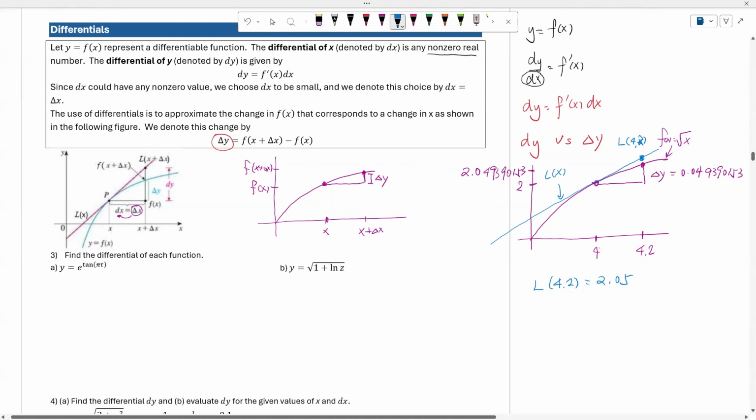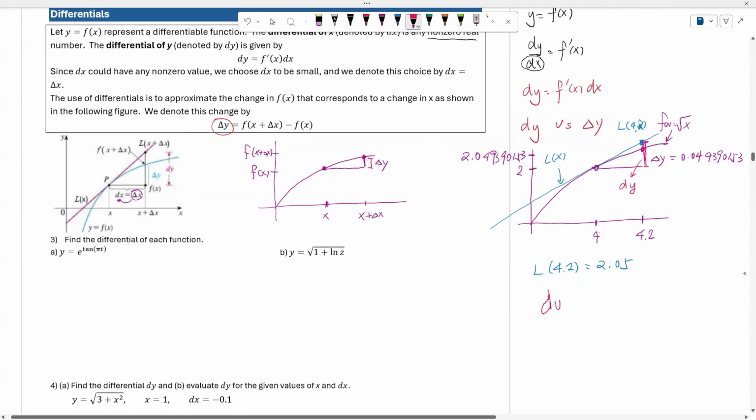Then this here will be my dy, so dy is actually equal to 0.05.